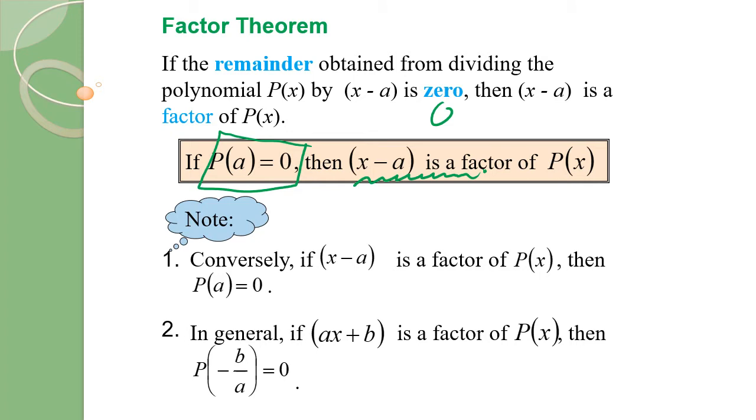In general, if ax plus b is a factor of p(x), then p of negative b over a equals 0. So ax plus b is a factor means that the remainder is 0 when x equals negative b over a. So we replace x with negative b over a, and we get p of negative b over a equal to 0.